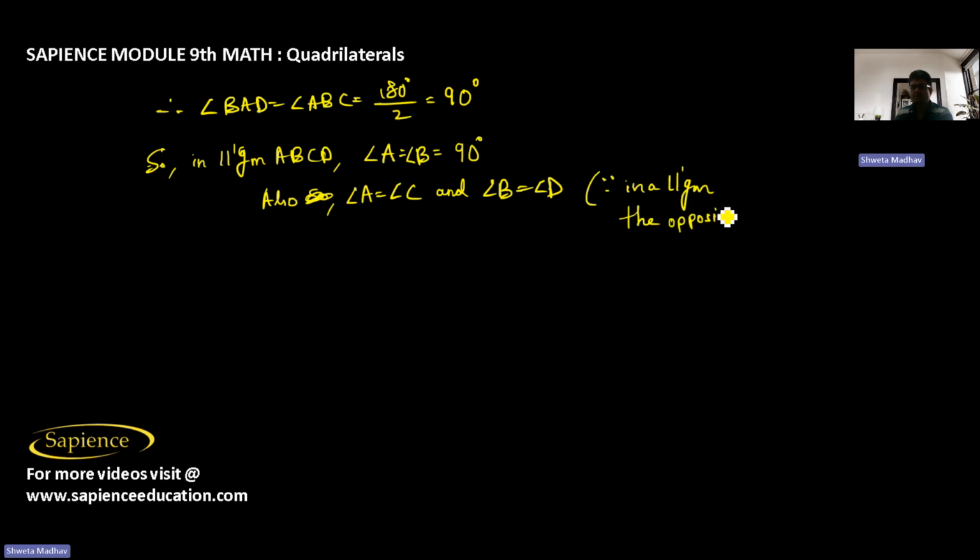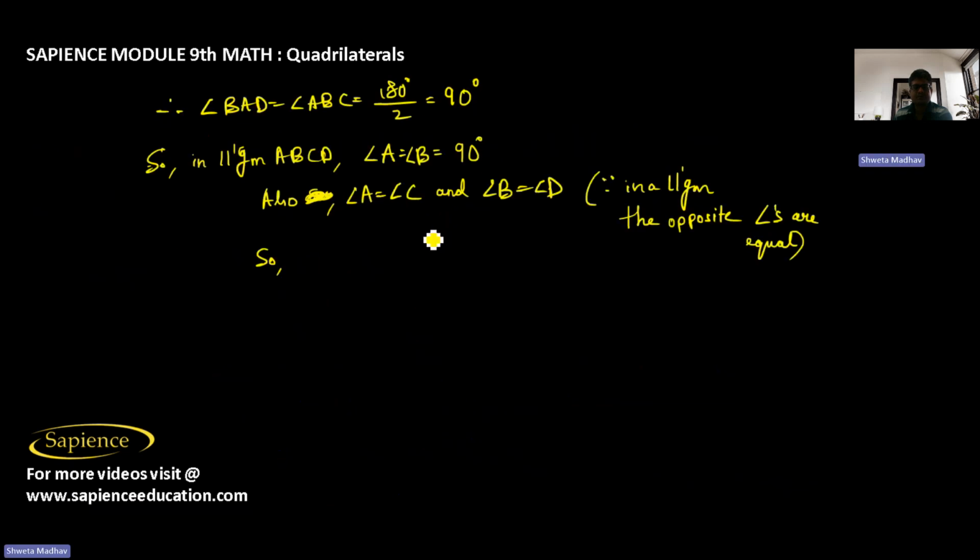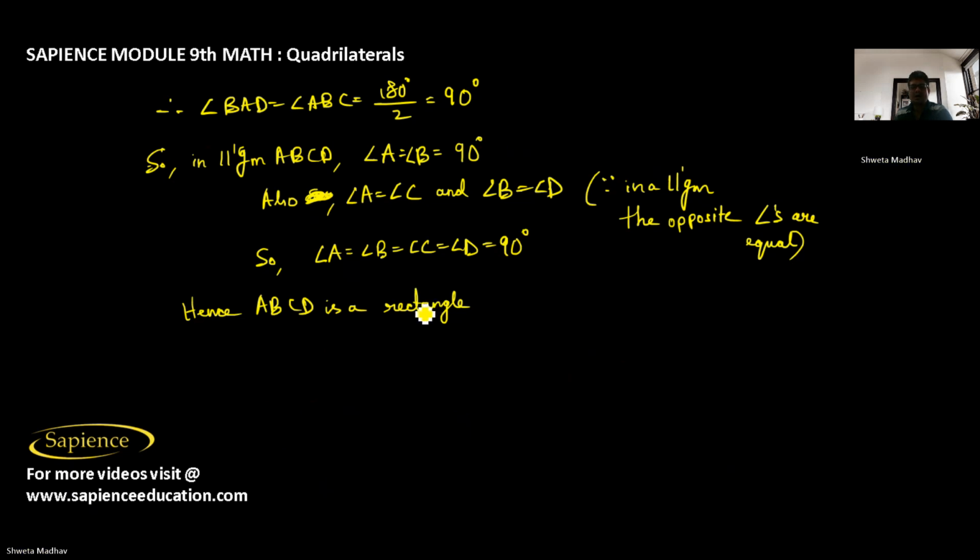So all the angles, angle A, angle B, angle C, angle D, are 90 degrees. Hence ABCD is a rectangle, since it is a parallelogram with all angles right angles. Hence proved.